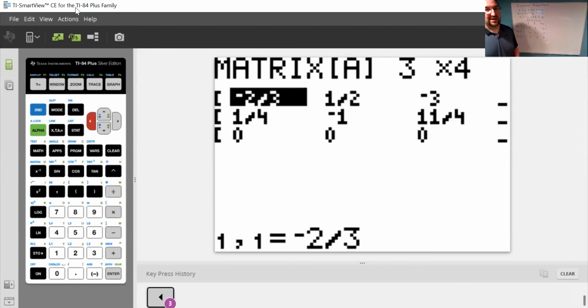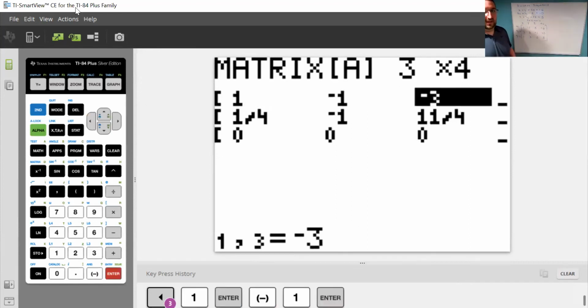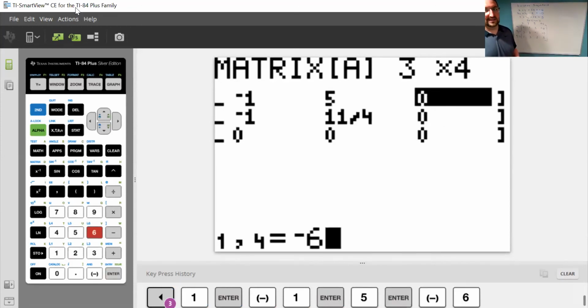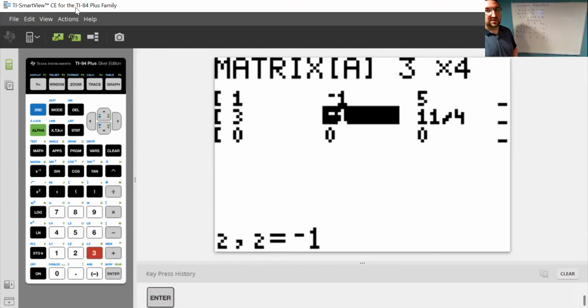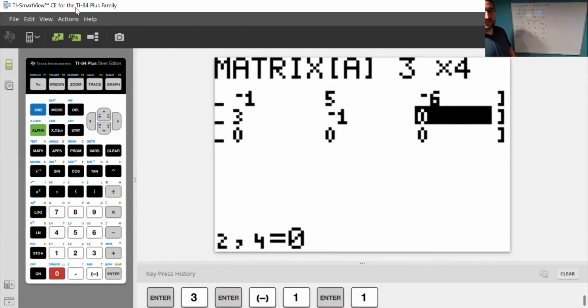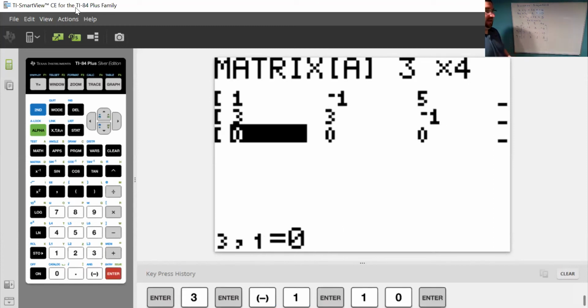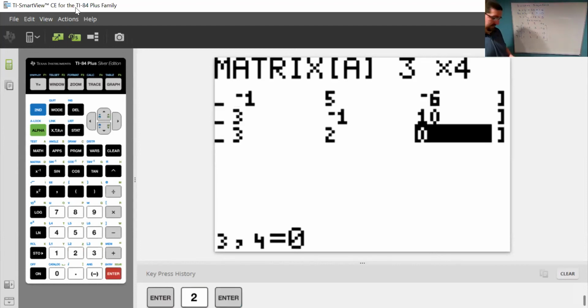You can just overwrite what it has, so put your cursor on it, and hit 1, enter, -1, enter, 5, enter, -6, enter. Then 3, 3, -1, and 10. And then 1, 3, 2, and 5.